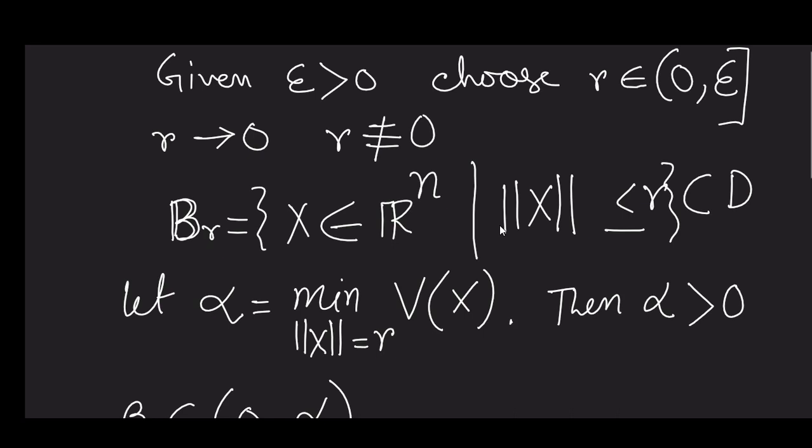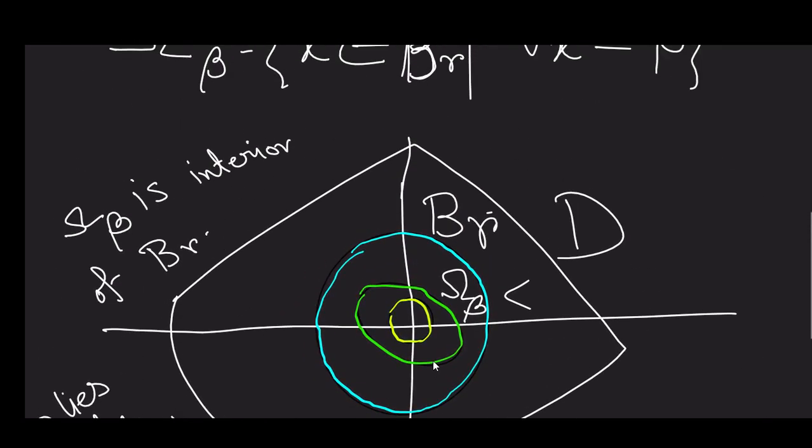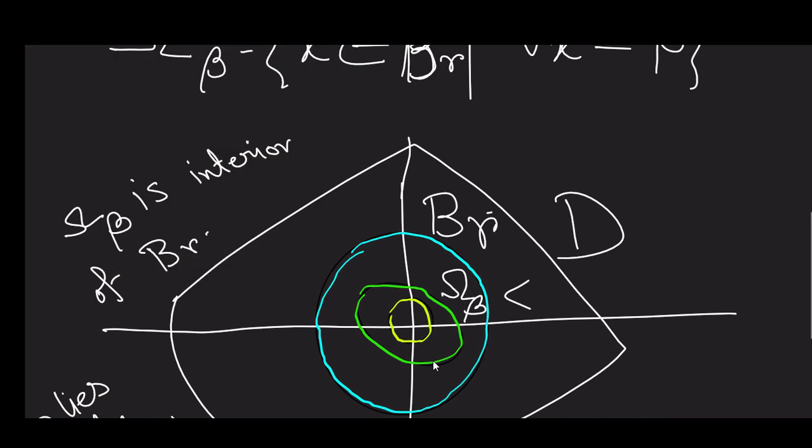If you still have a problem, let me show you geometrically what BR could be. BR could be some concentric circles, like this.